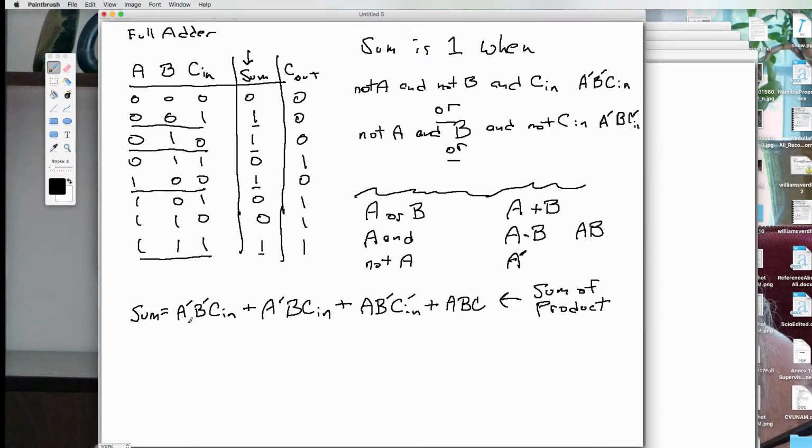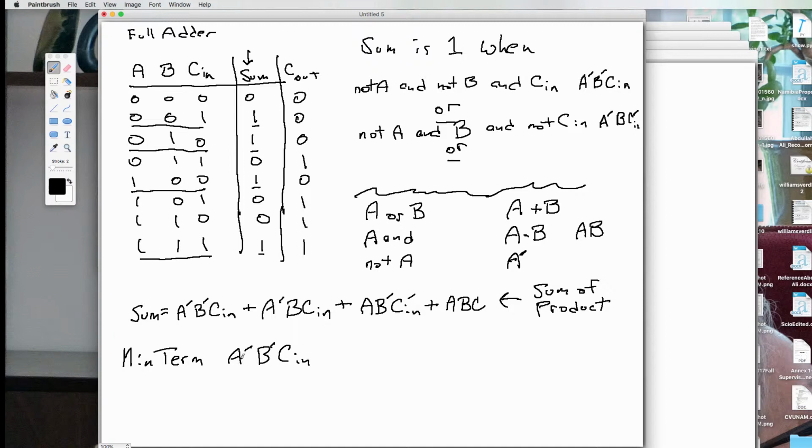The other thing that I want to introduce you to is this notion of what's called a minterm. The idea here is, let's look at this term right here. Suppose I have A prime, B prime, C in.